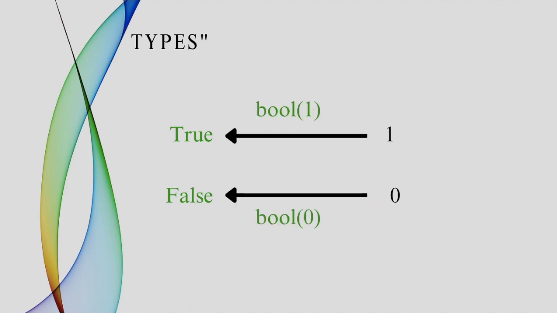If we cast 1 to a Boolean, you get True. Similarly, if you cast 0 to a Boolean, you get False.